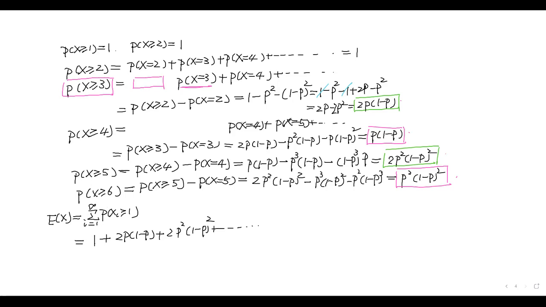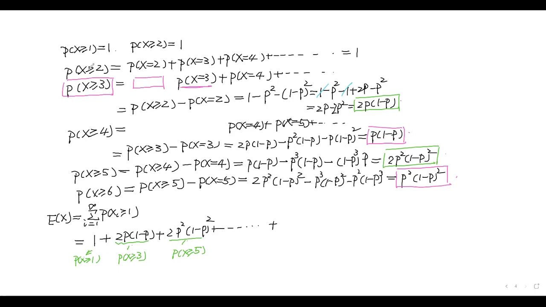So let me color code that. This is the probability x greater than or equal to 1. And then this is the probability x greater than or equal to 3, as you can see here. And this is the probability x greater than or equal to 5. So this is my odd numbers. Right now, I can also add my even numbers.